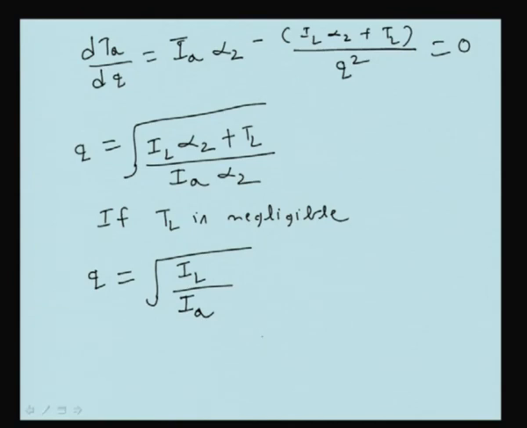So therefore in this case the gear ratio is not dependent on alpha 2. It is the ratio between the moment of inertia of the load and the moment of inertia of the armature. So this is what that answer has come.